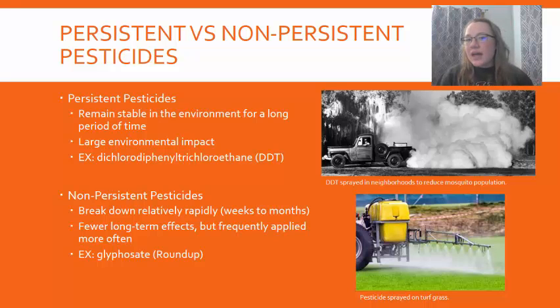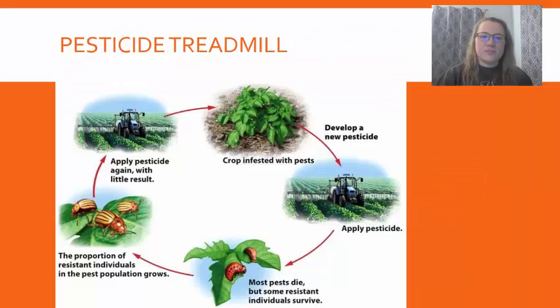But on the flip side, depending on what pest you're going after, you may have to apply a non-persistent pesticide more frequently, and that could lead to a large environmental impact. An example of this would be glyphosate, better known as Roundup, which is a herbicide targeted to get rid of broadleaf plants. So this is what you're spraying to get rid of dandelions in your yard.